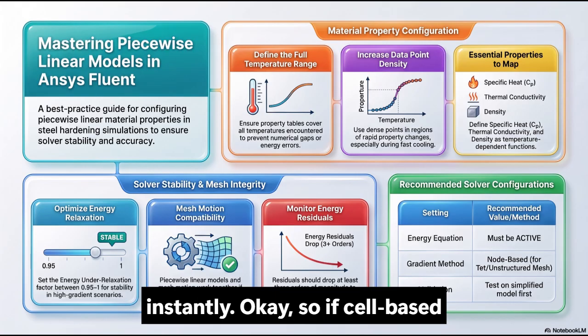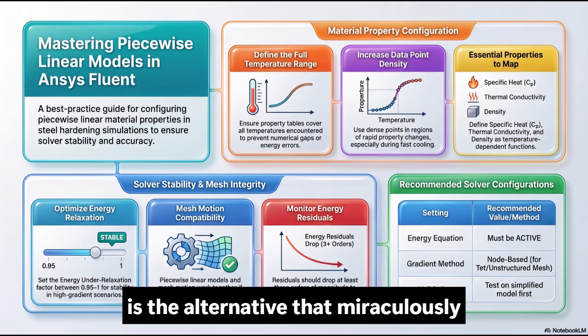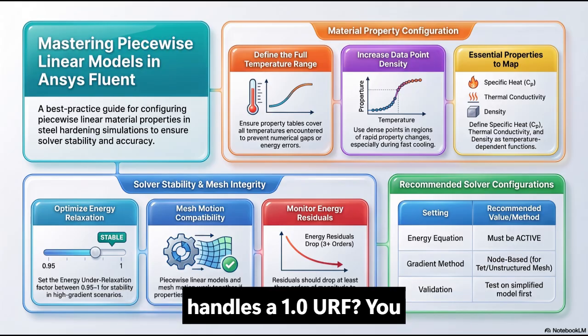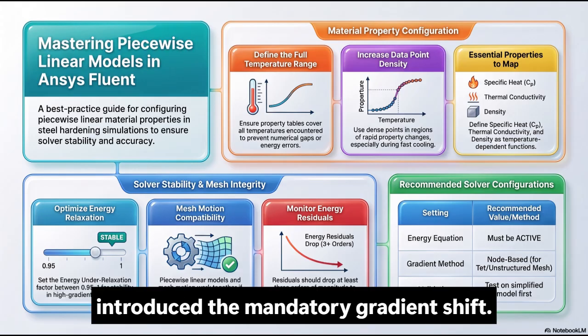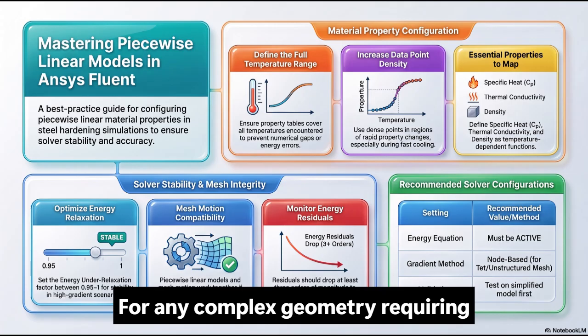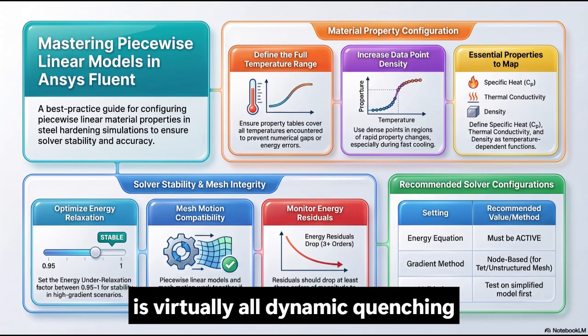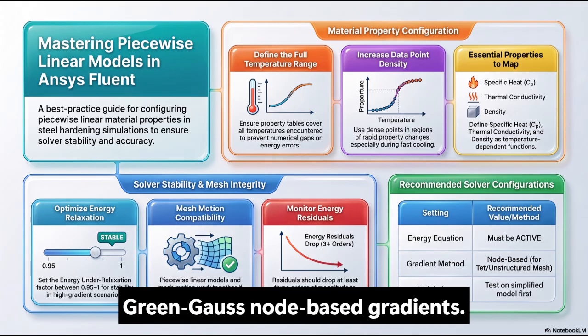Okay, so if cell-based gradients fail on deforming meshes, what is the alternative that miraculously handles a 1.0 URF? You introduce the mandatory gradient shift. For any complex geometry requiring tetrahedral or unstructured meshes, which is virtually all dynamic quenching models, engineers must switch to Green-Gauss node-based gradients.